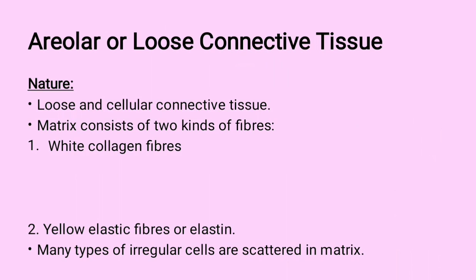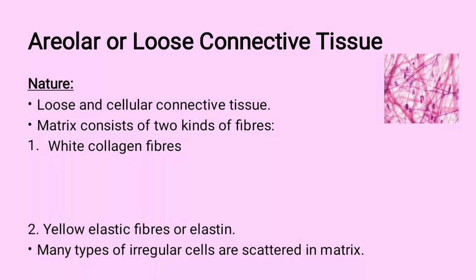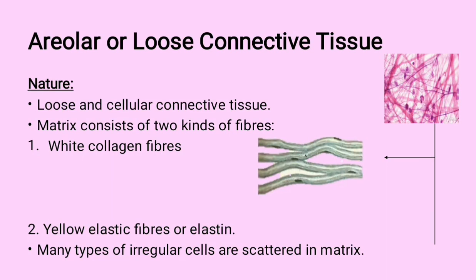So let's discuss first the areolar or loose connective tissues. As its name suggests, this tissue is a loose and cellular connective tissue. Its matrix consists of 2 kinds of fibers. The first one is white collagen fiber, which changes into gelatin on boiling in water, and the second one is the yellow elastic fiber or elastin.